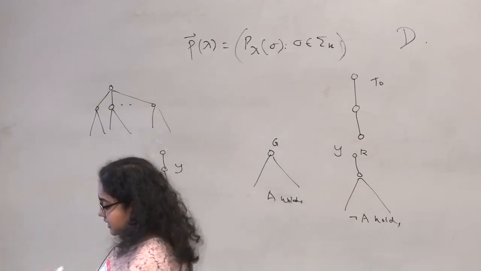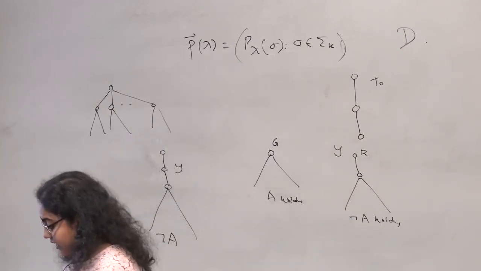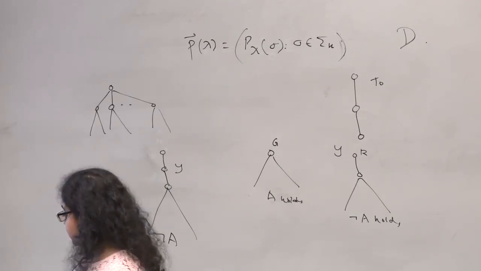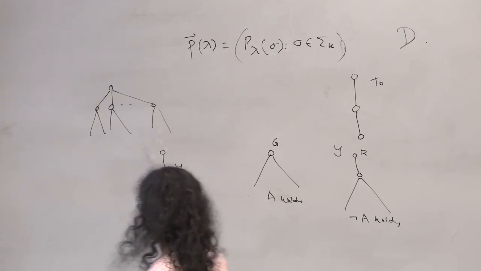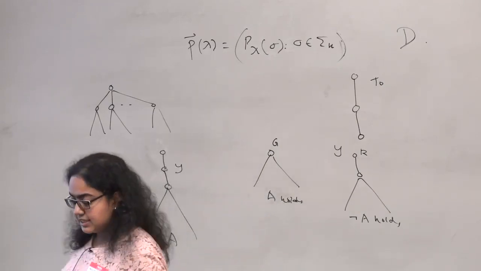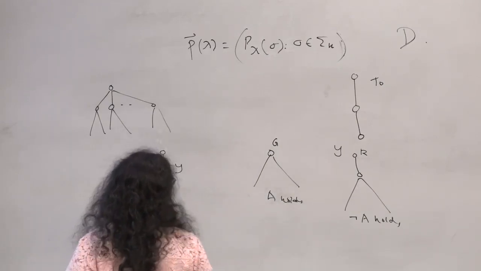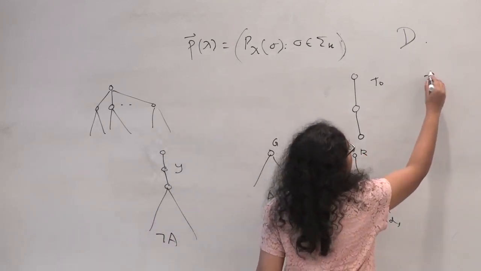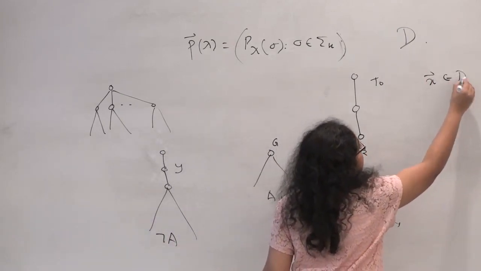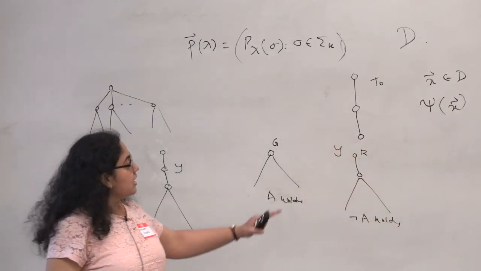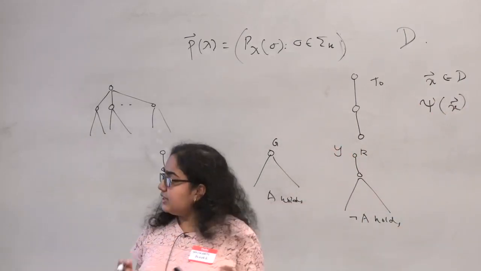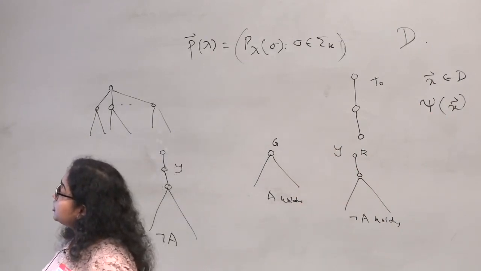D is a finite dimensional simplex, and we define a distributional map psi from D to itself as follows. To define the map, just pick out any probability vector inside D. So we want to define psi of x vector. We let the root R have Poisson lambda many children.